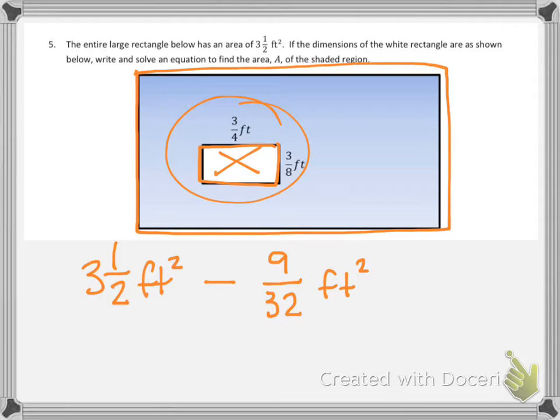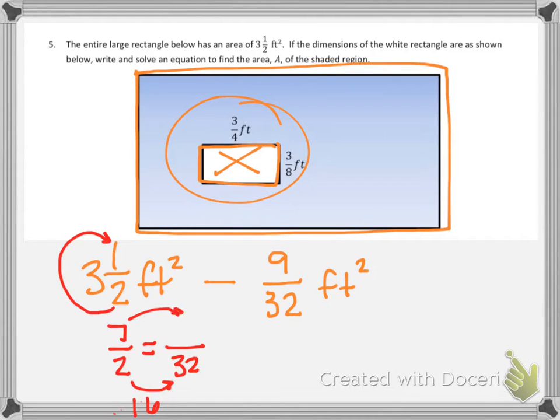So what we need to do here is change this mixed number into an improper fraction. And that gives me 7 halves. But I need it to be 32nds, so I'm going to change that into 32nds by multiplying by 16. Multiply that by 16. That means I'm going to multiply 7 times 16, and 7 times 16 is 112.